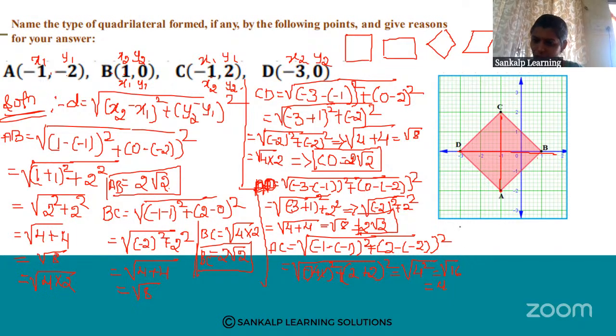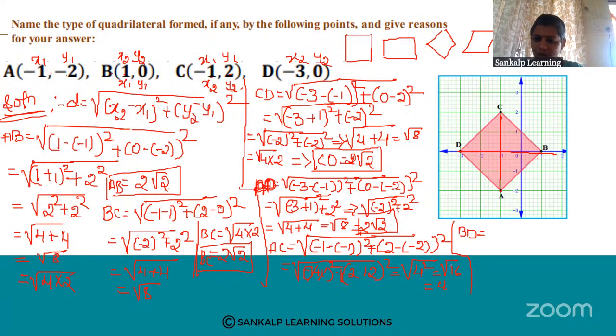Now the value of BD. BD is also a diagonal. Yes or no? BD is also a diagonal. So now the distance between B to D, when you are considering from B to D, that time the coordinates of B are x1, y1 and D are x2, y2.